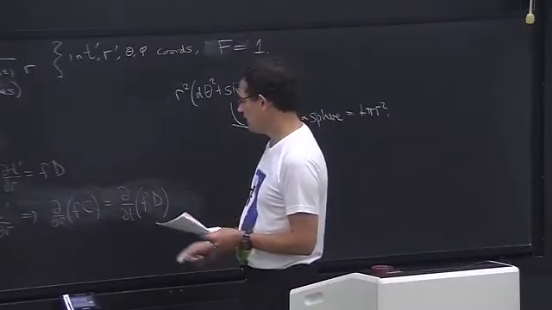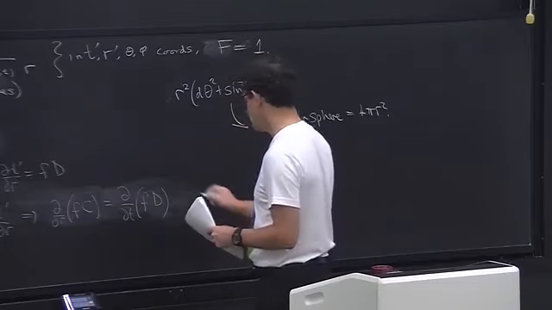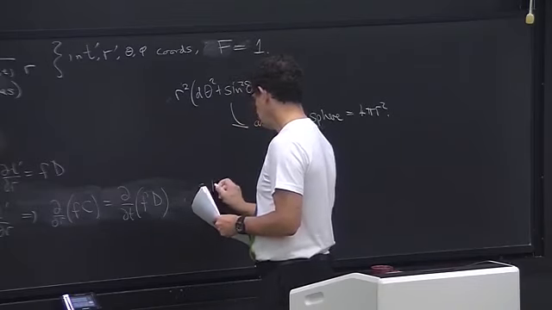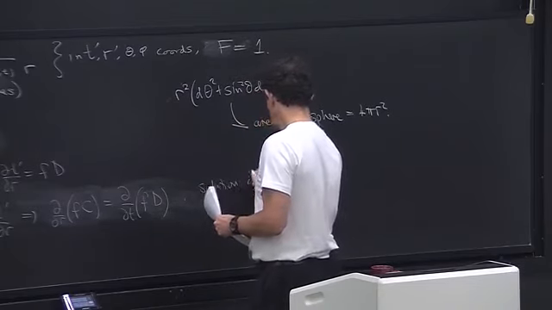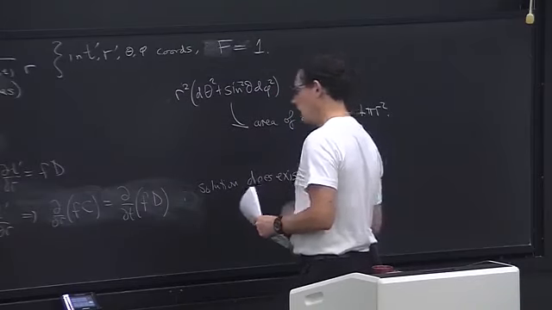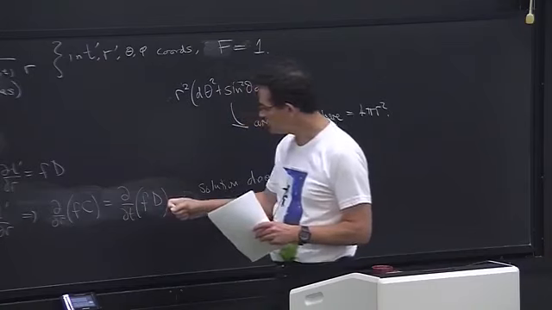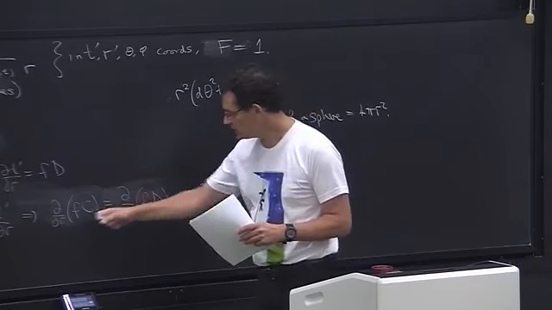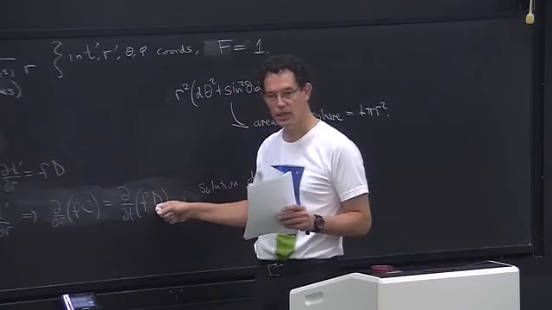Now, it's not hard to see that the solution does exist. An easy way to see it is that c and d are some given functions of r and t.